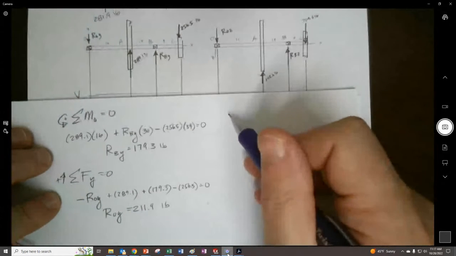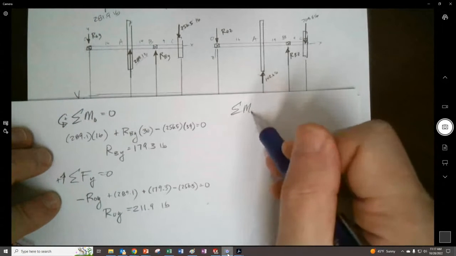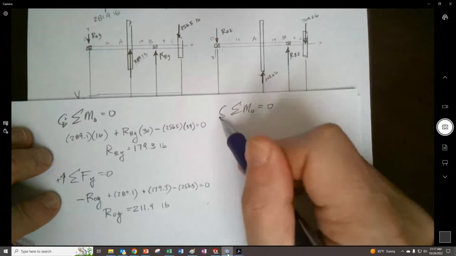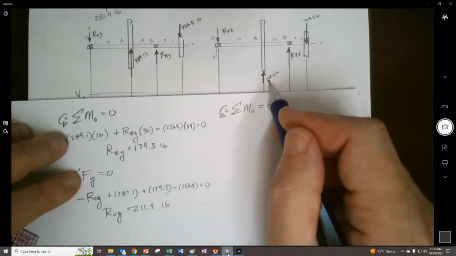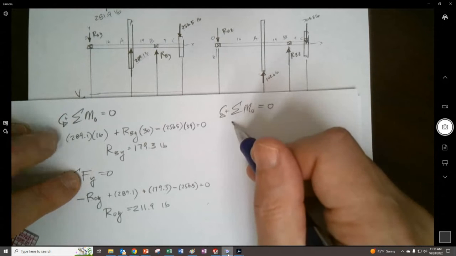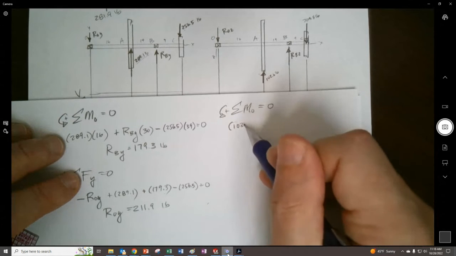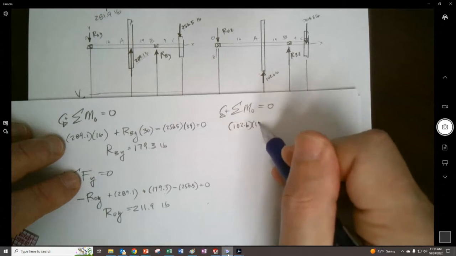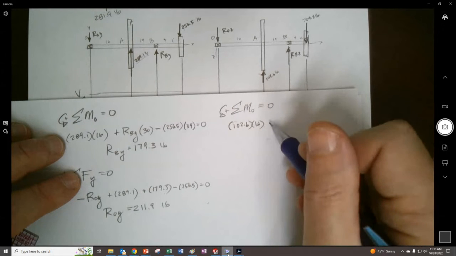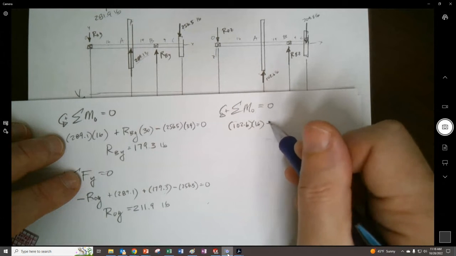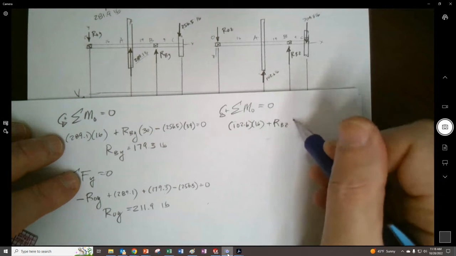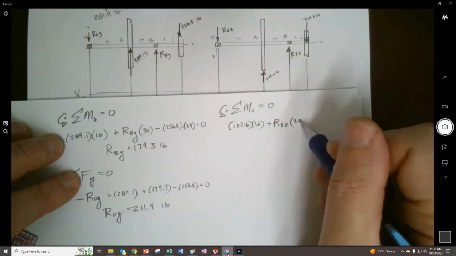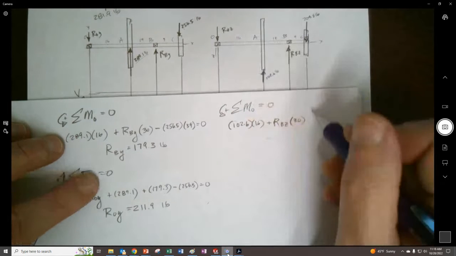Doing the same thing over here. Sum of the moments about O equals 0. And this is going to be counterclockwise, so he's positive: 102.6 times 16. And also positive is our RBZ, and that's going to be times 30, 14 plus 16.